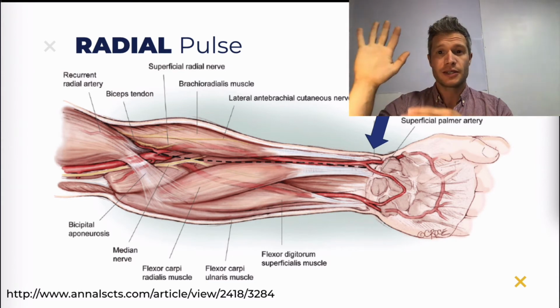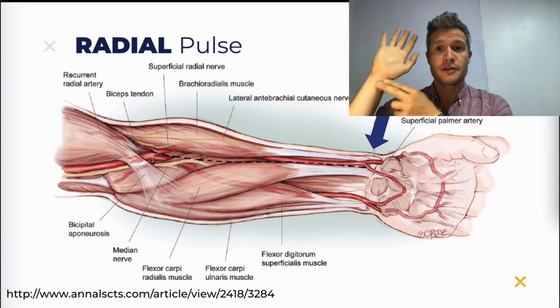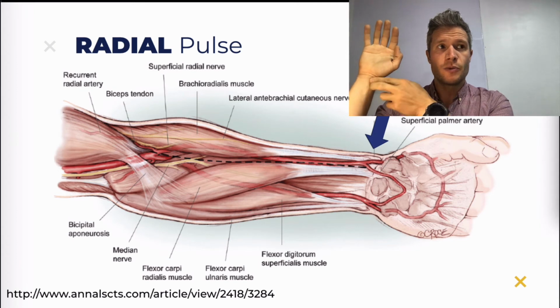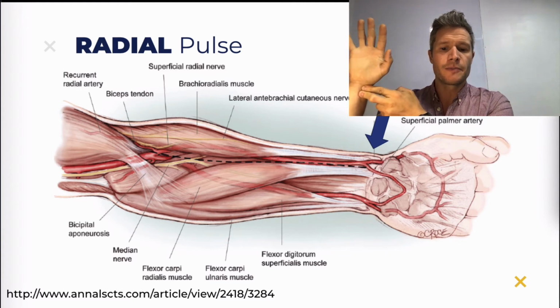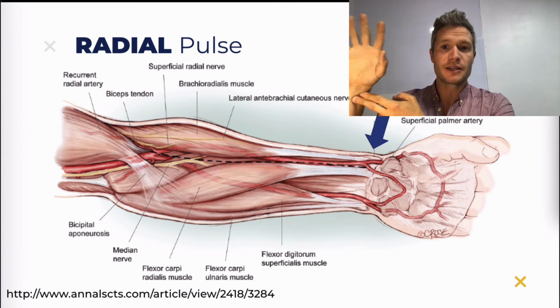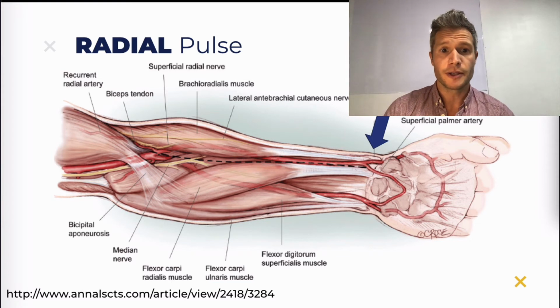So you'll take your forearm or someone else's, you take your two fingers and you essentially move them around until you get to a point. Sometimes you have to press a little bit harder, press a little bit lighter until you feel the bump, bump, bump, bump. Or it might be a little quicker for you, might be a little slower, but essentially you're waiting to feel that pulse or that throbbing that's coming from your artery.